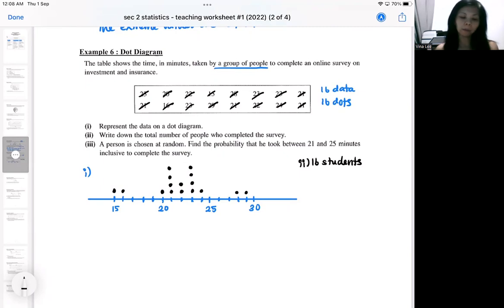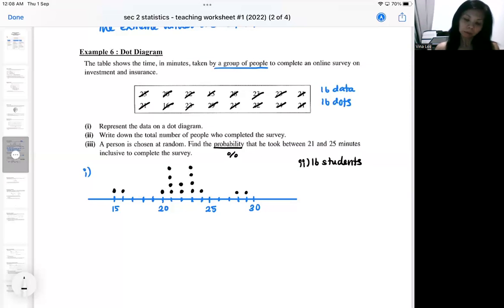Okay, so for part 3, there is a probability concept. If you didn't learn probability, you can think about doing it as a percentage. For those of you who learned probability, you can do it in a probability way. So I'm just going to show you both ways. If you never learned probability, you can think about finding the percentage that the student takes 21 to 25 minutes.